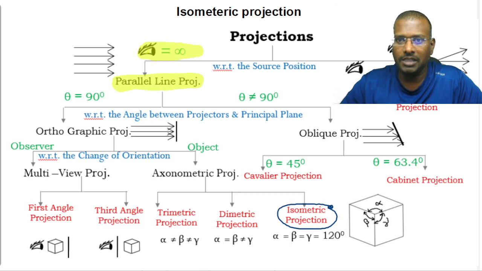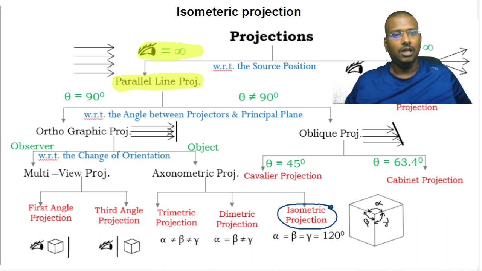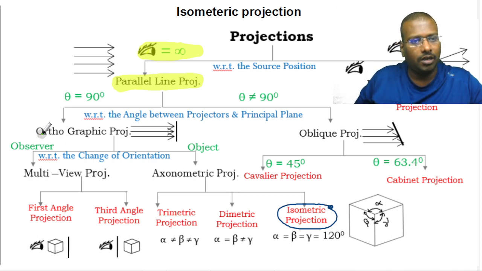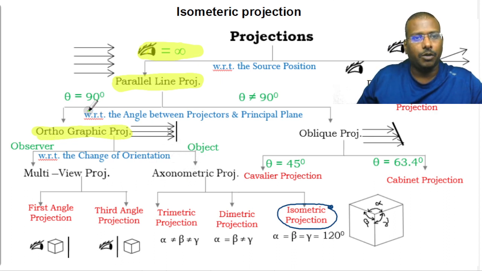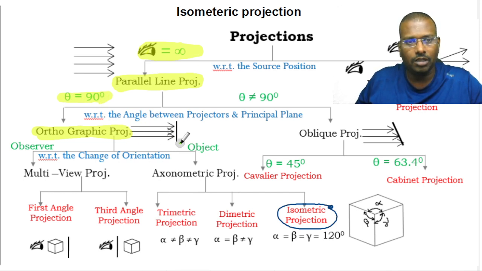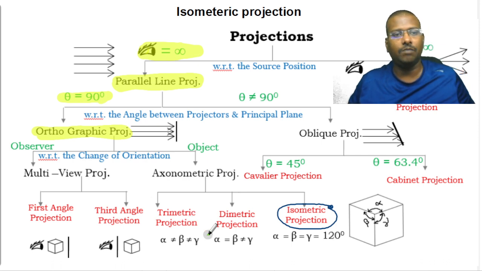If the principal plane is inclined to the projectors, then it comes under oblique projection. But our isometric projection comes under orthographic. That is why we consider the projectors to be perpendicular to the principal plane, and it comes under orthographic projection.